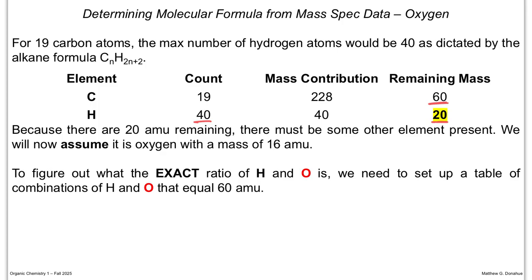So we're operating under this assumption that the heteroatom is oxygen, and we know that its atomic mass is 16. So we're dealing with 1 for hydrogen, 16 for oxygen. We need to find some ratio that fits into 60.